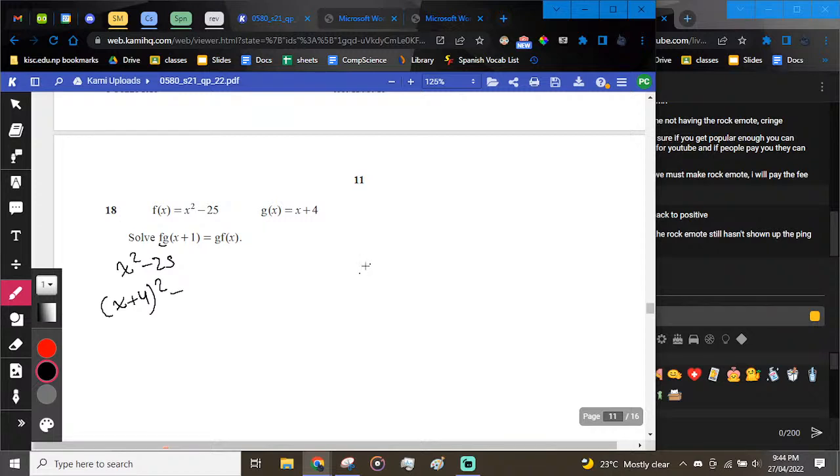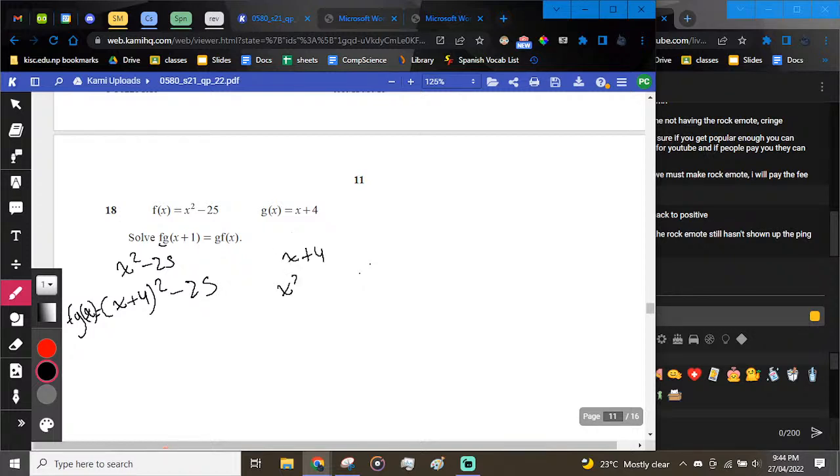x plus 4 squared minus 25. This is fg of x. And g f of x. Other way around, you substitute this into that. It would be x plus 4.